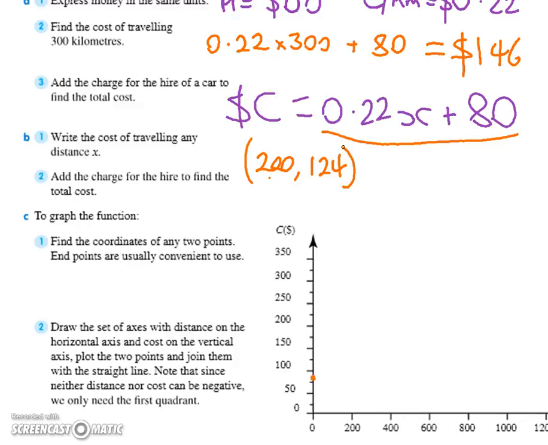Yep, absolutely. She just substituted into that formula. So we've said, okay, let x equal 200, because Dylan chose 200.